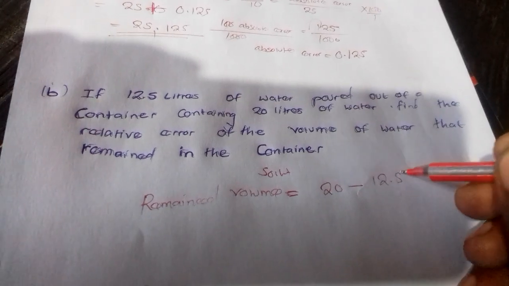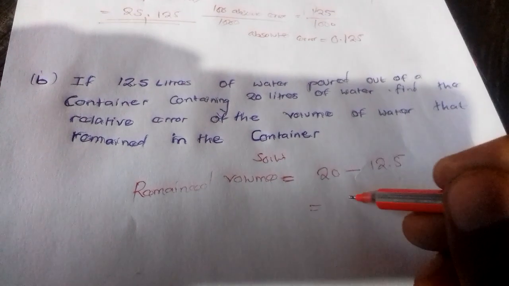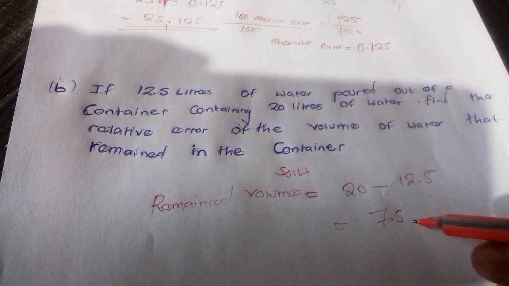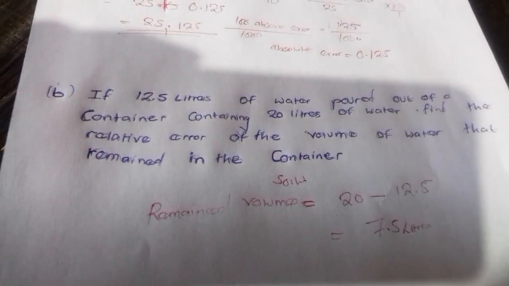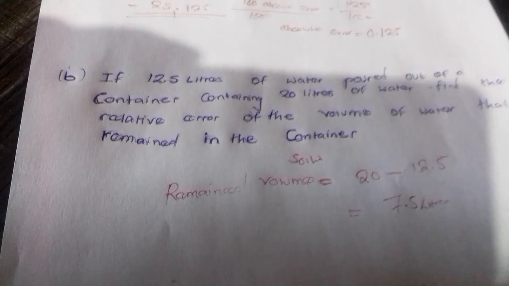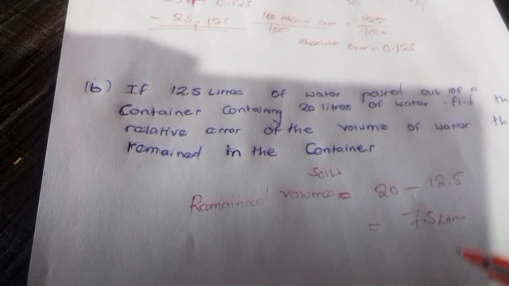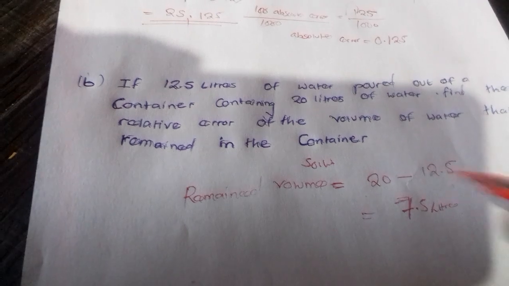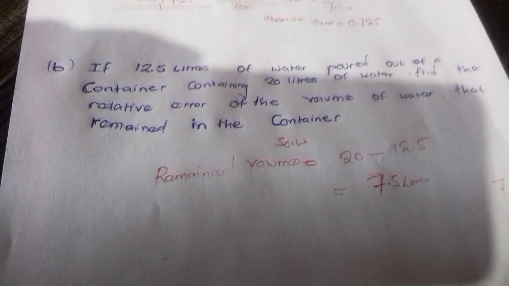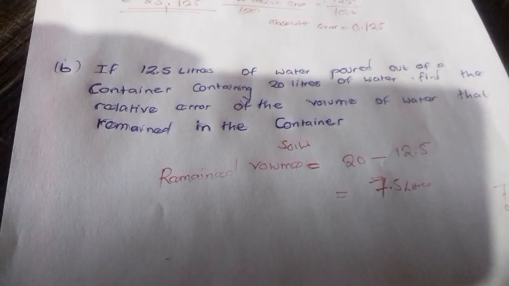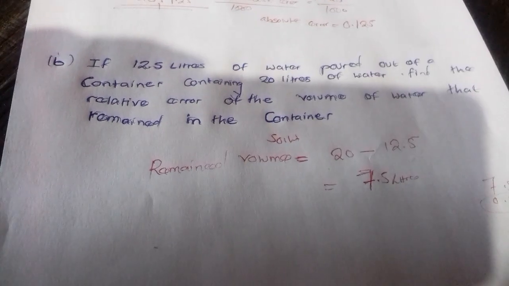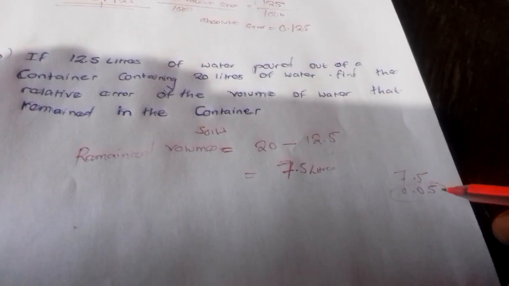What was poured was 12.5, which gives just 7.5 liters. So to find the relative error, if this is our true value, to find the error for this one, you just say 7.5, yes, 0.0. Here there is no number, just say 5. So our error will be 0.05.